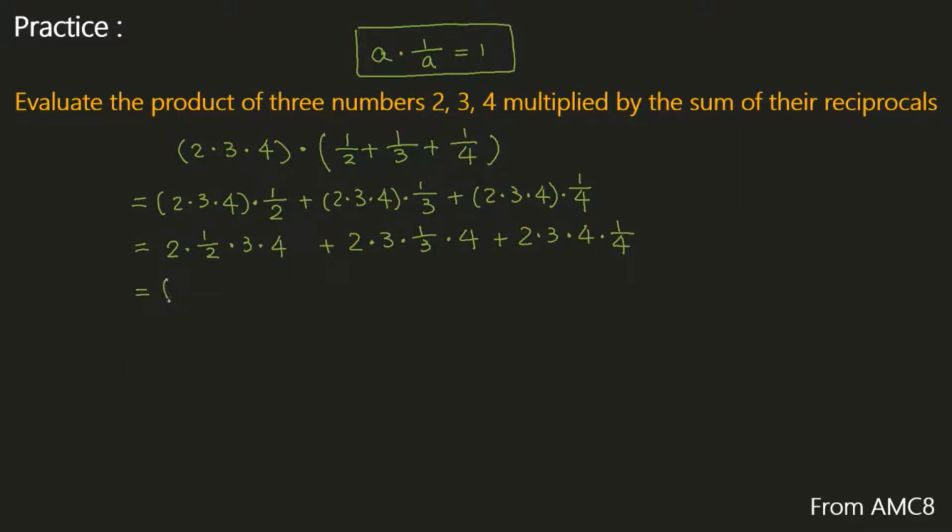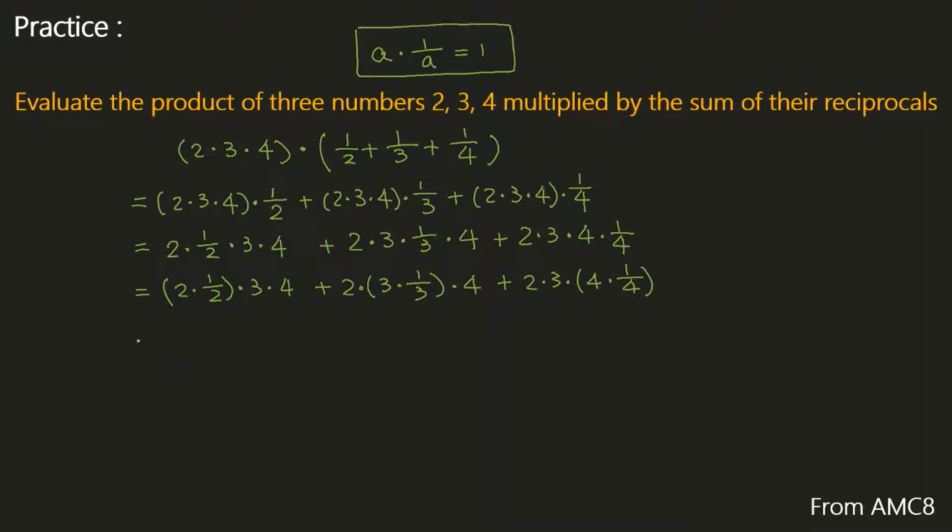So this becomes parentheses 2 times 1/2 times 3 times 4 plus 2 times parentheses 3 times 1/3 parentheses times 4 plus 2 times 3 times 4 times 1/4 close parentheses.